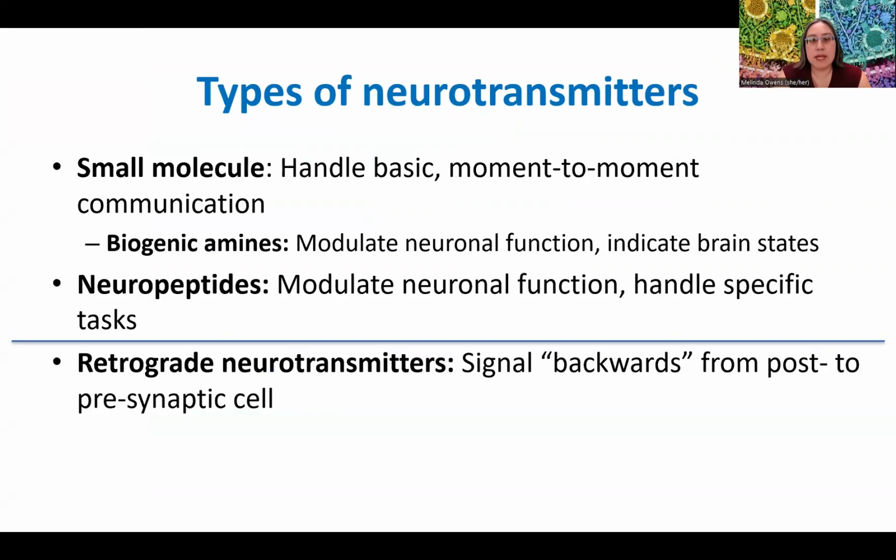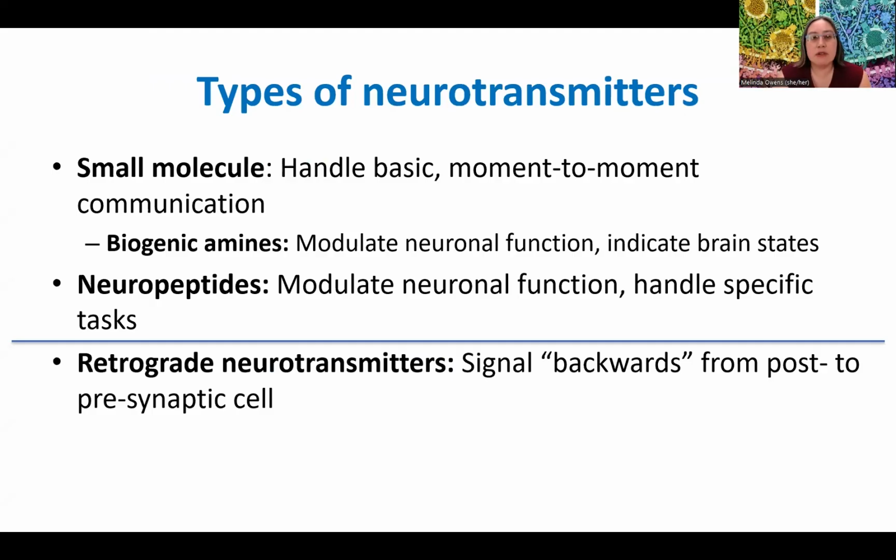So, the main types of neurotransmitters are small molecule neurotransmitters. These handle basic moment-to-moment communication. They are the workhorse neurotransmitters in the brain. They're used all the time and they're used for basic communication between neurons. A subtype of these are the biogenic amines. These modulate neuronal function and they indicate kind of overall brain states.